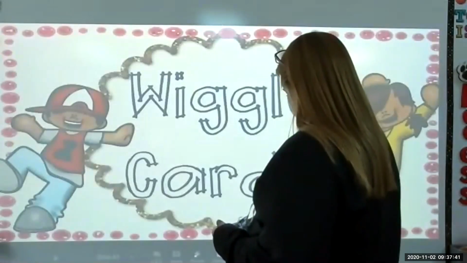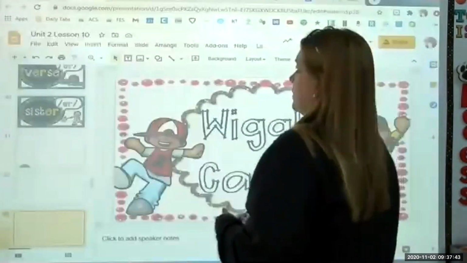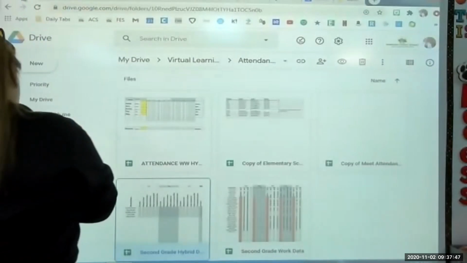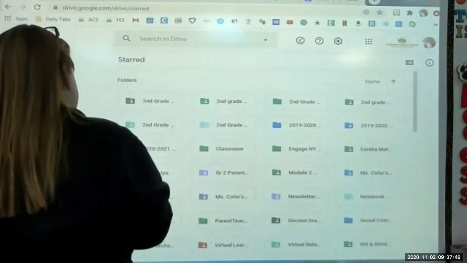All right, so before we do this, we need to look at our code chart. I thought I put it on here, but I guess I didn't. Our code chart. I'm going to pull it up.